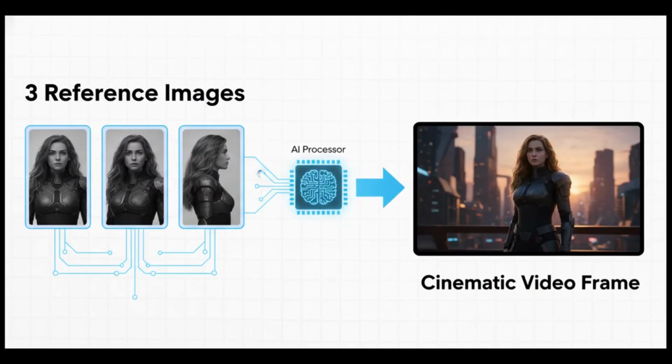And here it is. This is the secret weapon. Modern AI video generators now let you upload reference images of your character, usually up to 3 of them. By doing this, you're giving the AI a crystal-clear visual anchor. It's the key to locking in their appearance and finally getting that perfect consistency from scene to scene. I'm telling you, this feature is an absolute game changer.